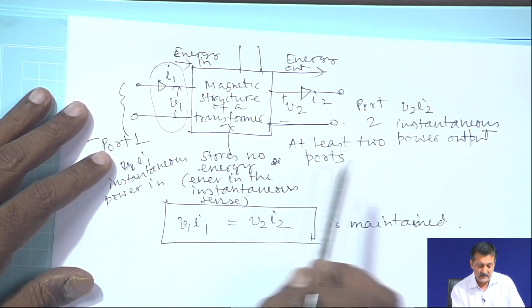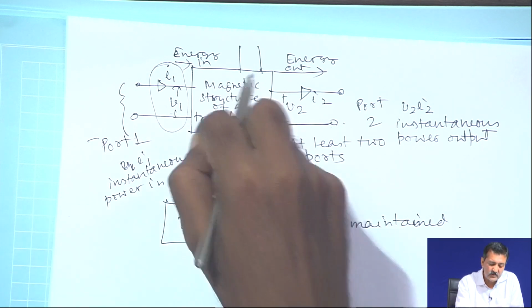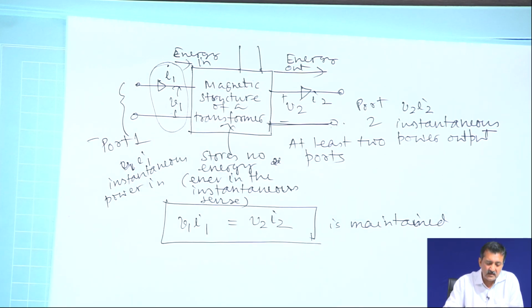From the magnetic structure point of view, what is the difference? The follow-up question is, how is it possible that in one magnetic structure we store energy and in another magnetic structure we do not store energy?